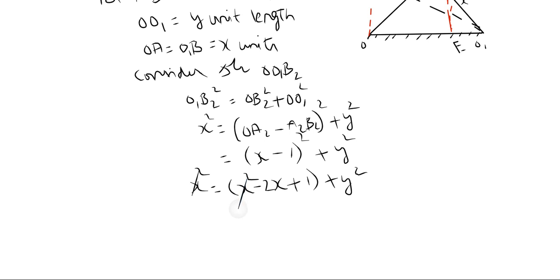Here x square will get cancelled, leaving y square plus 1 is equal to 2x.